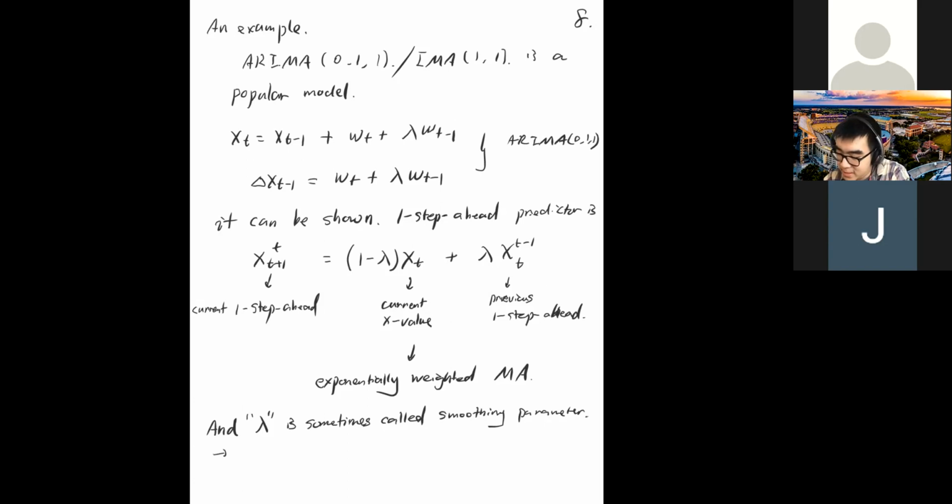So let's say if lambda is large, then xt is small, right? And the lambda times the previous forecast is large. So that means the current one step ahead forecast depends a lot on the previous one step ahead predictor.